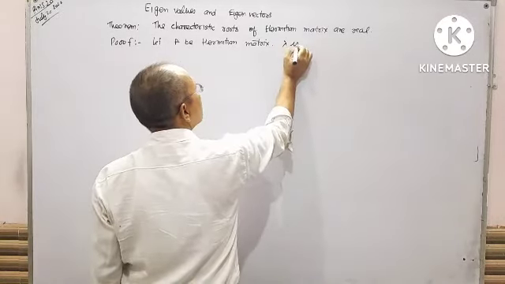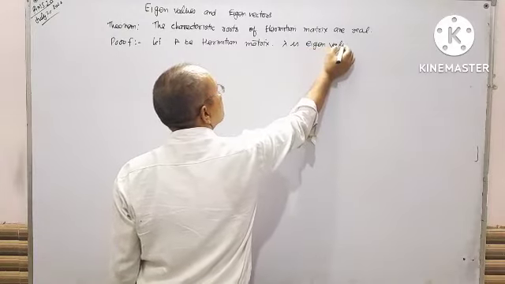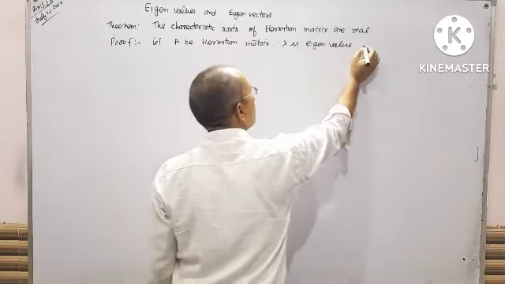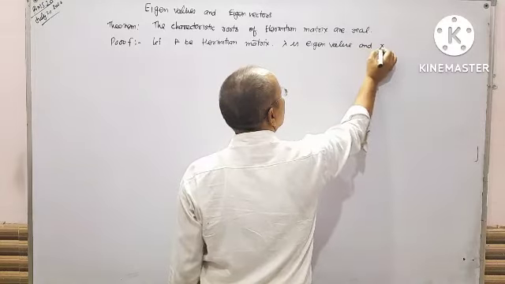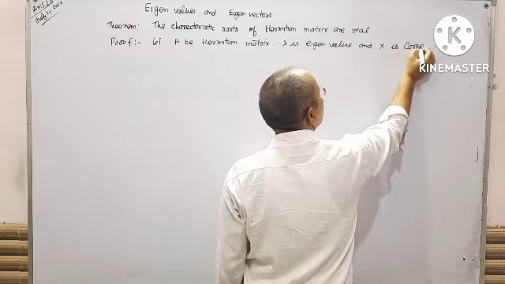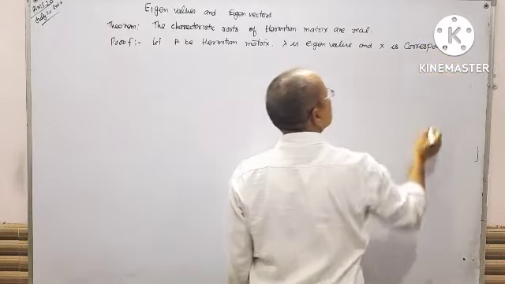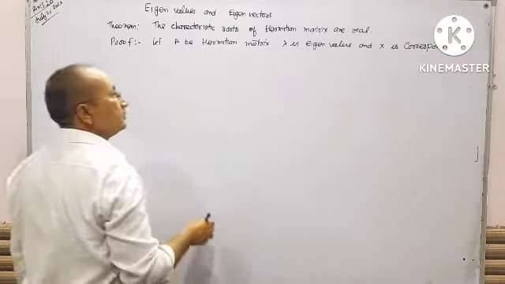Lambda is an eigenvalue and x is the corresponding eigenvector.